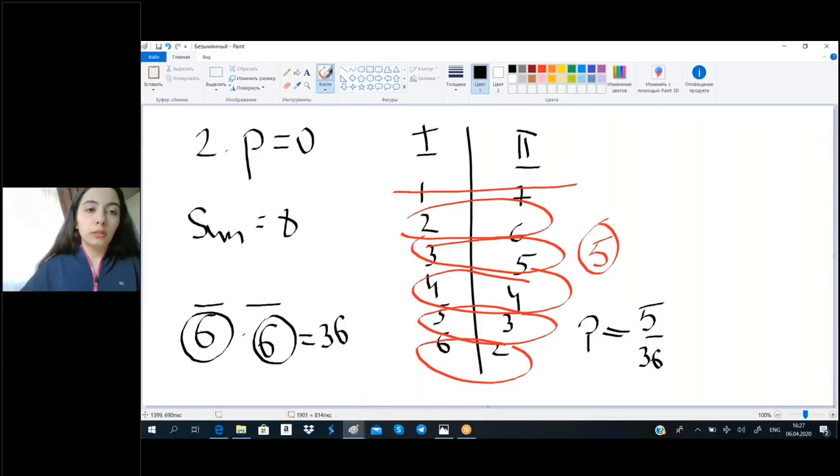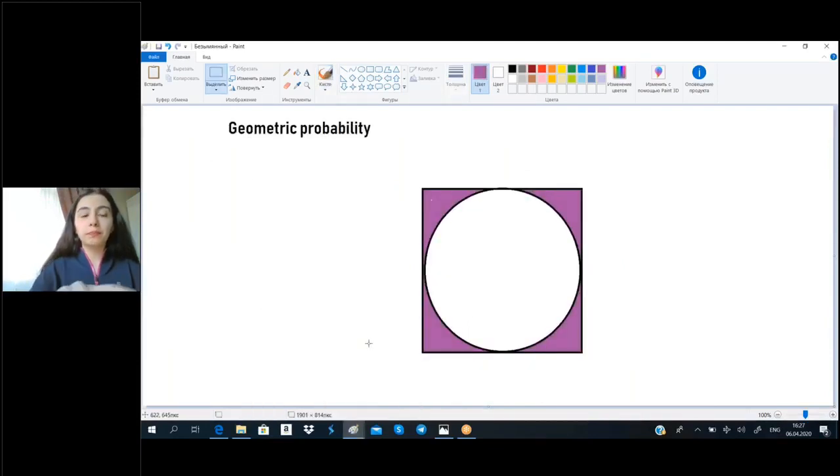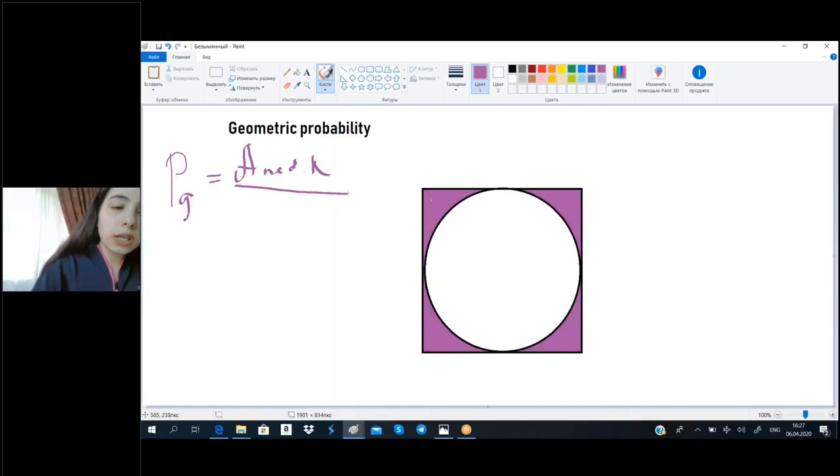Now, it's time to talk about the probability which is called geometric probability. Geometric probability has the formula P geometric equals area of the needed region over area of the total region.